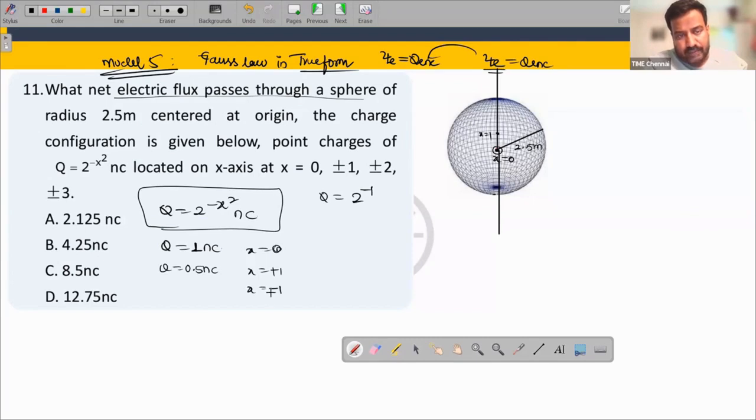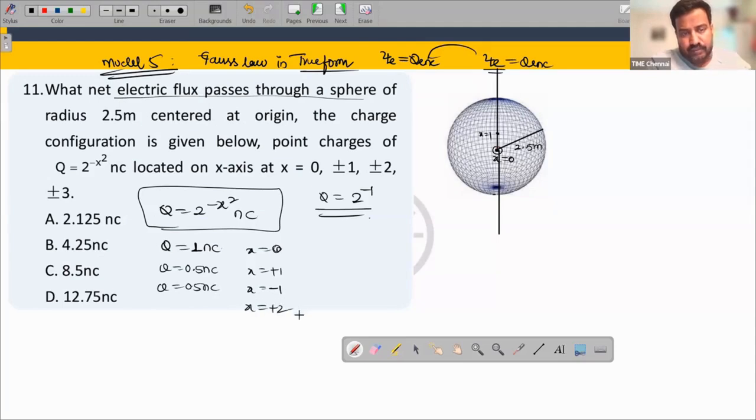At x equal to minus 1, q is again 2 power minus 1, again 0.5 nanocoulomb.